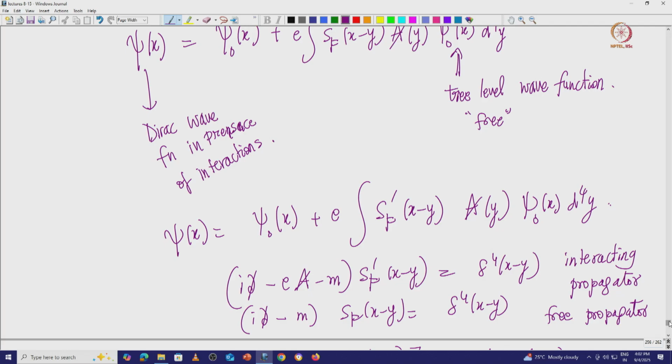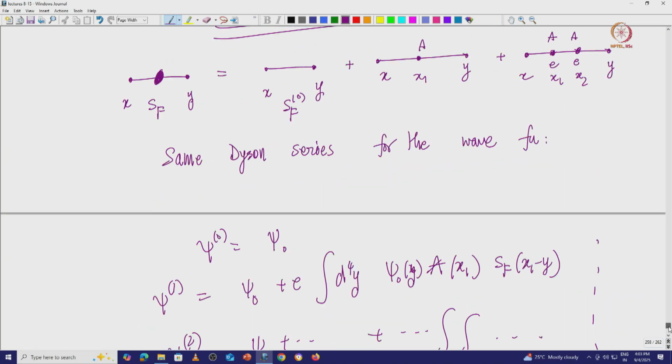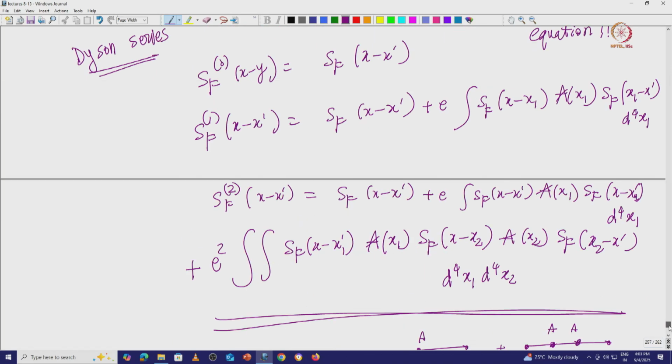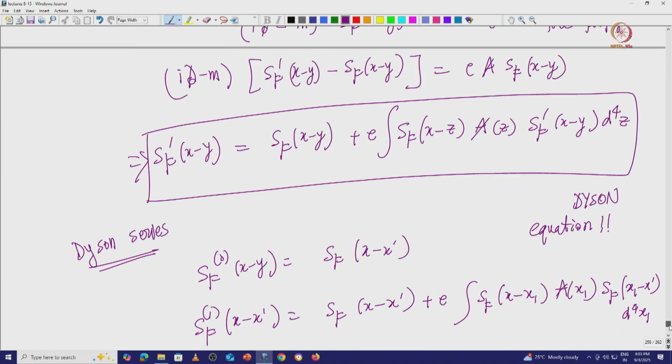In the case of the Dirac equation we will do the same thing: one with the interaction, with a delta function source, and another with a delta function source without the interactions. From this you can write the series perturbatively.